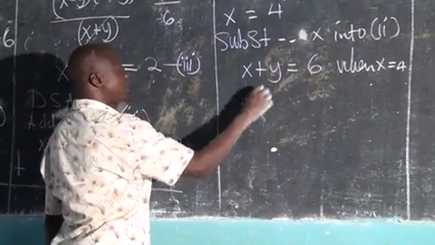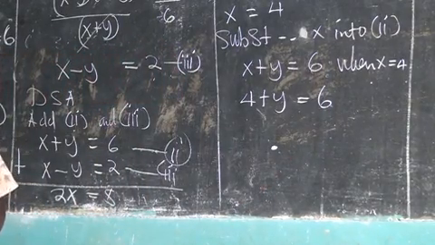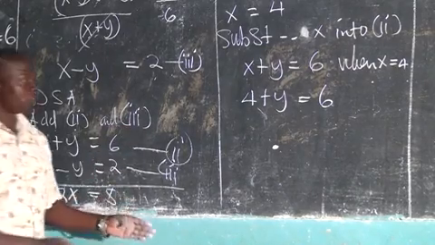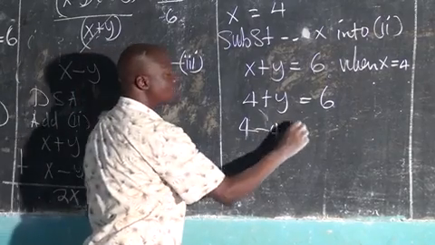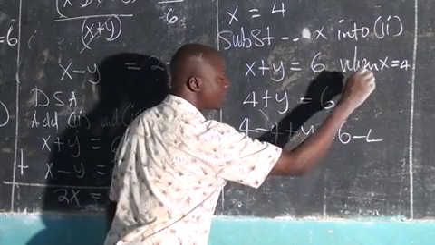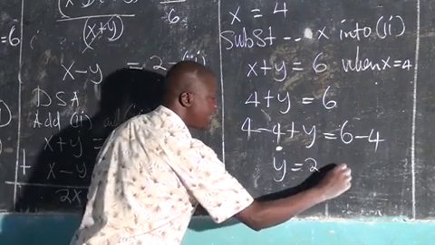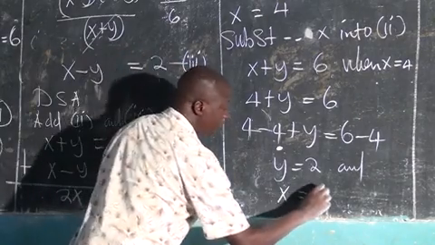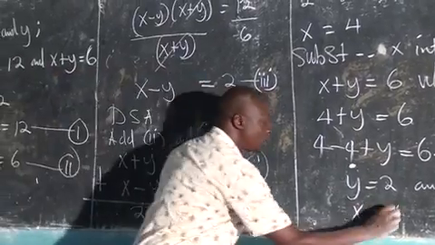So this is 4 plus y equal to 6. What is the y value? Let us make y the subject. So 4 minus 4 plus y equal to 6 minus 4, y equal to 2, and x equal to 4.